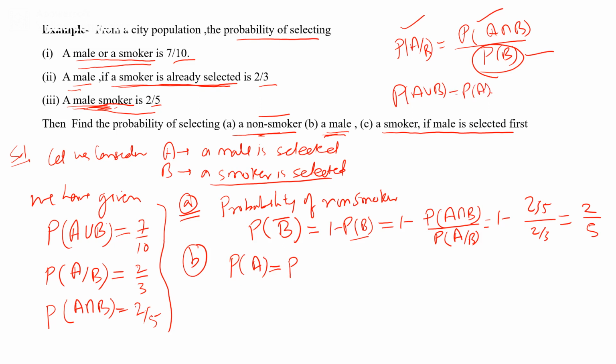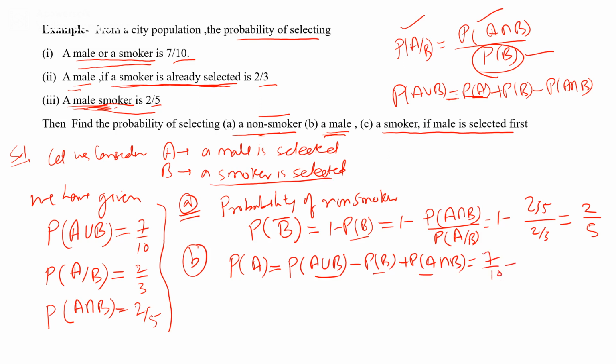Probability of A plus probability of B minus probability of A intersection B. So here we can write the probability of A is probability of A union B minus probability of B plus probability of A intersection B. And all these we know. So the A union B is 7 by 10. Probability of B is already found, that is 2 by 5, minus probability of A intersection B is 2 by 5. That would be plus.